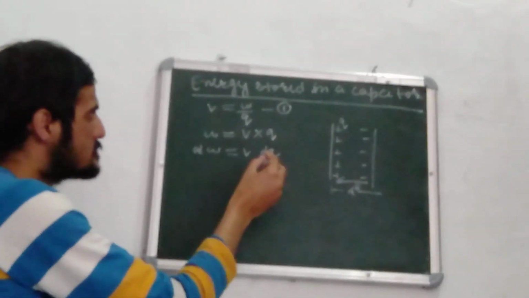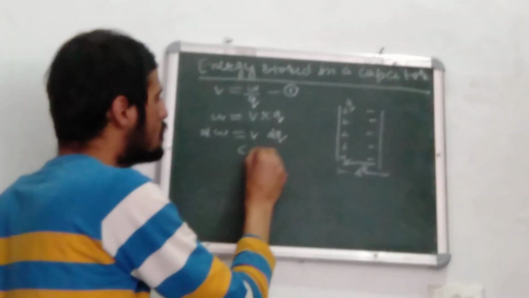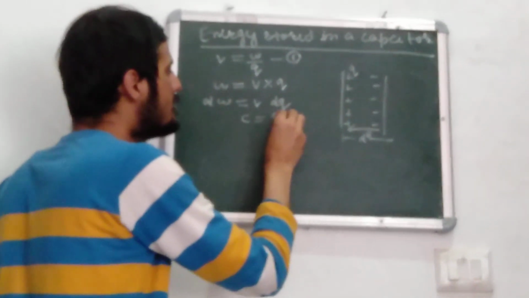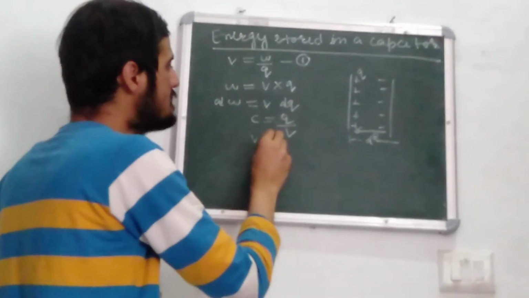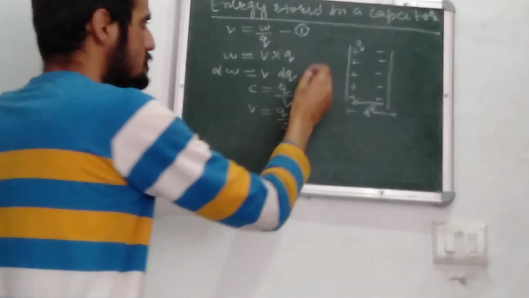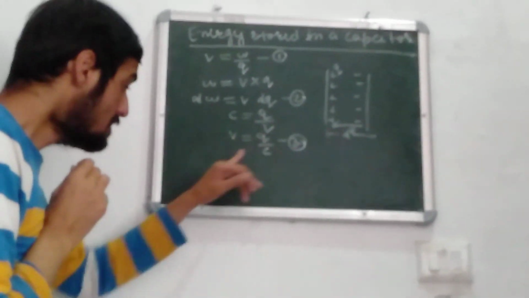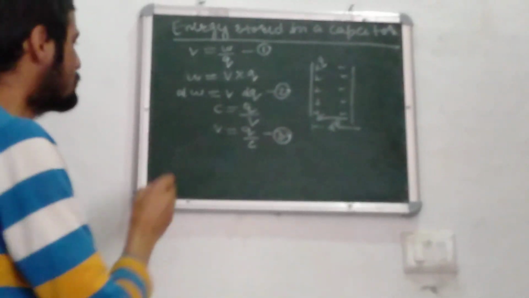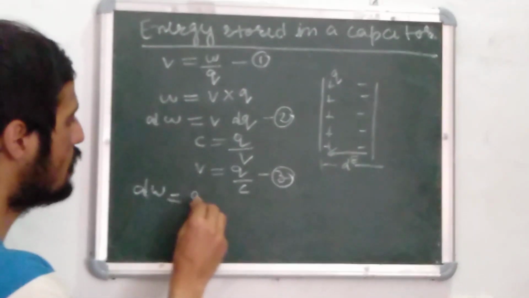Also we know that C is equal to Q upon V. Rearranging this, V is equal to Q upon C. By substituting this value, we get dW is equal to Q upon C dQ.